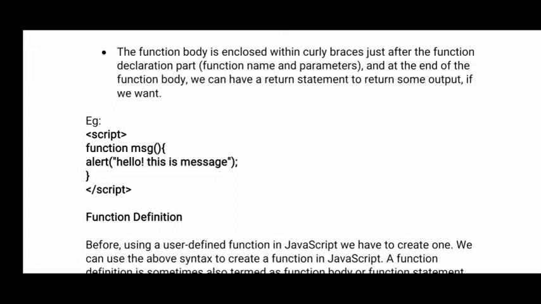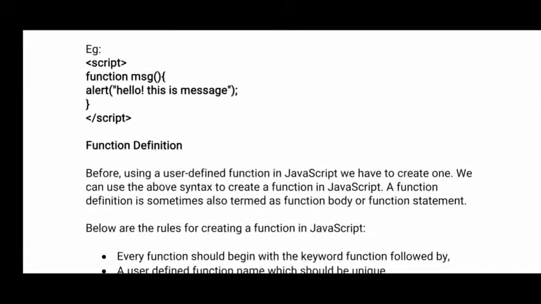Now here you see the example. Here the function is JavaScript code, so when you are including JavaScript code, that code should be between the script opening and script closing tags. Function is a keyword, and the name message is your wish, you can give any name.